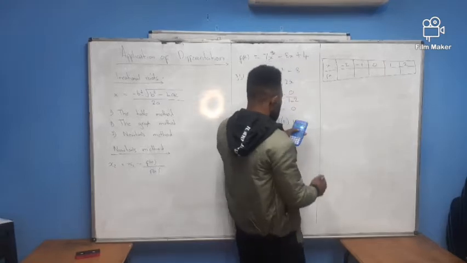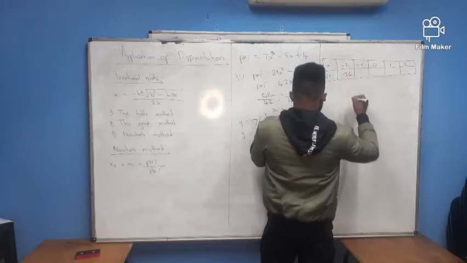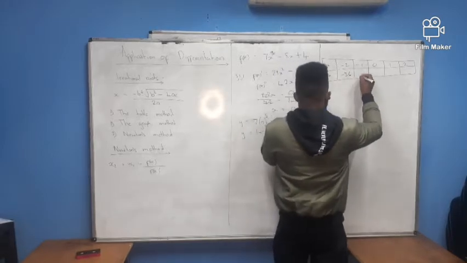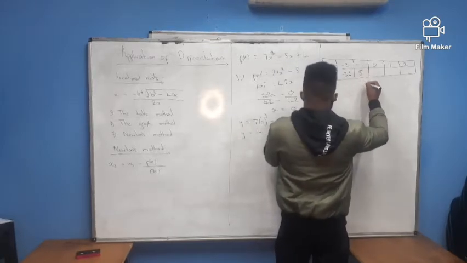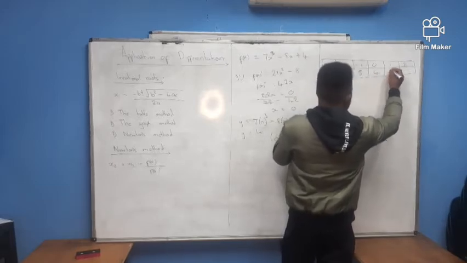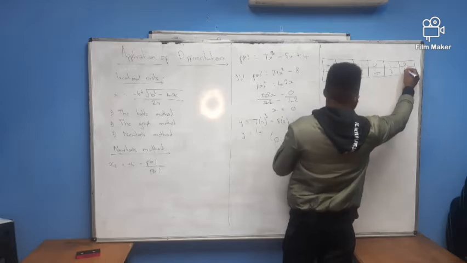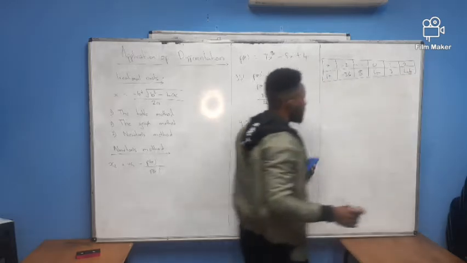So when x is equal to -2, it's -36, and when x is -1, it's 5. When x is 0, it's 4, and when it's 1, it's 3, and when it's 2, it's 44. So this is how you get your table.